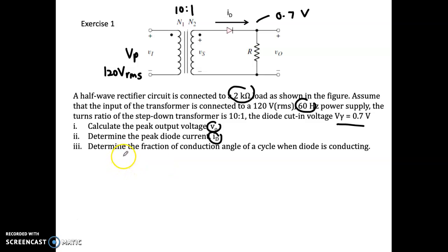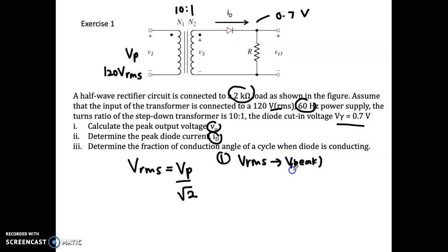Okay, question number 1. In the question it gives the value of VRMS. So what is the relation between RMS and V peak? VRMS equals V peak divided by square root 2. Step number 1, if the question gives the value of VRMS, always change your VRMS to the V peak value. Now the primary value given, V primary RMS, is equal to 120 volt.